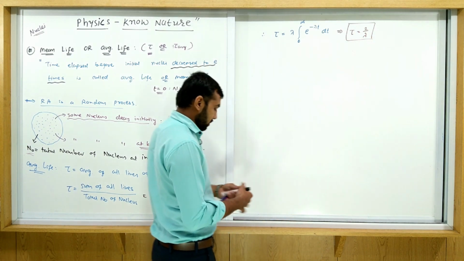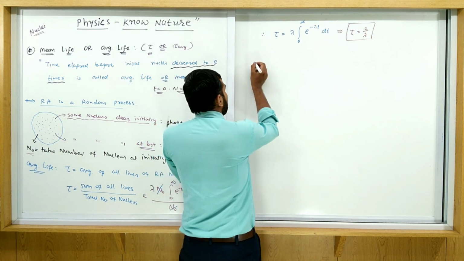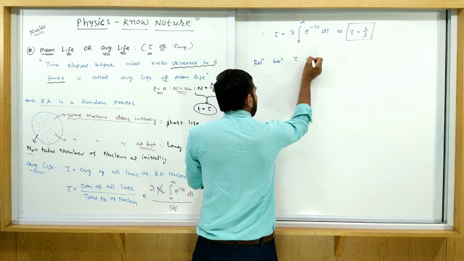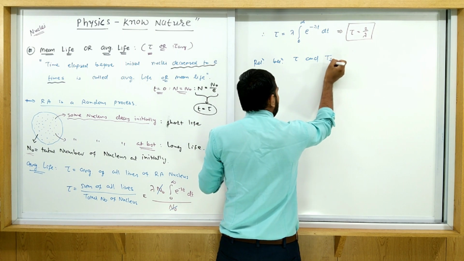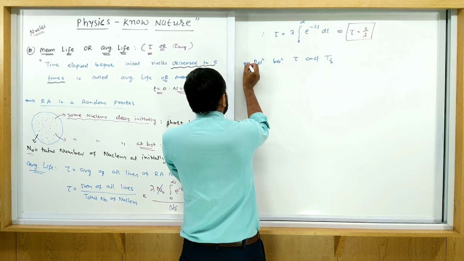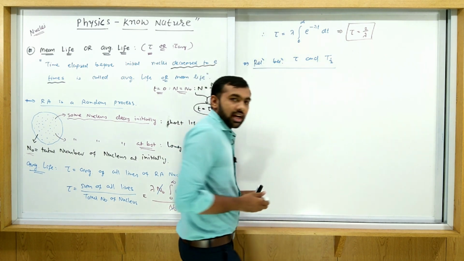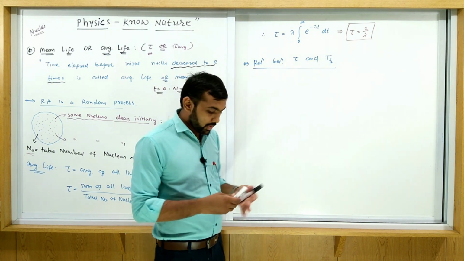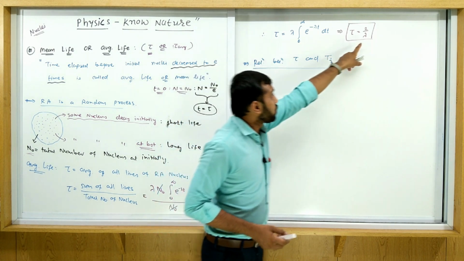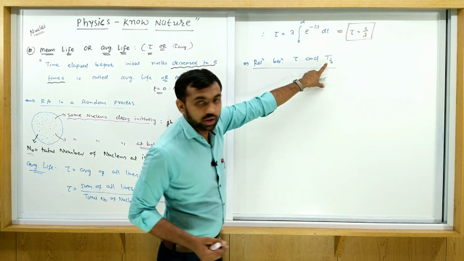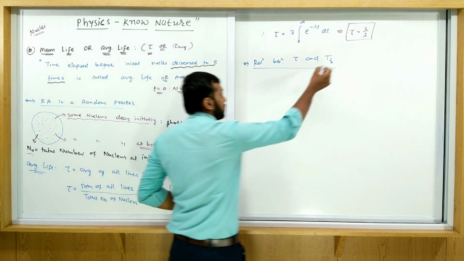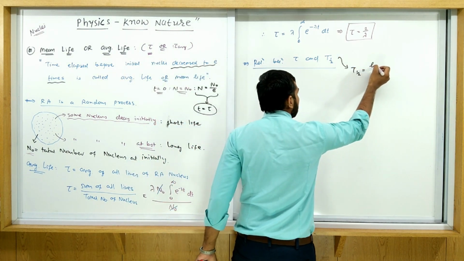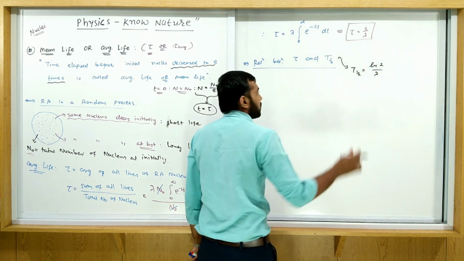Now what is the relation between tau and tau 1/2? Means the relation between average life and half life. So simply we replace this lambda in the equation of t 1/2. So what is t 1/2 here? t 1/2 is equal to ln 2 upon lambda.